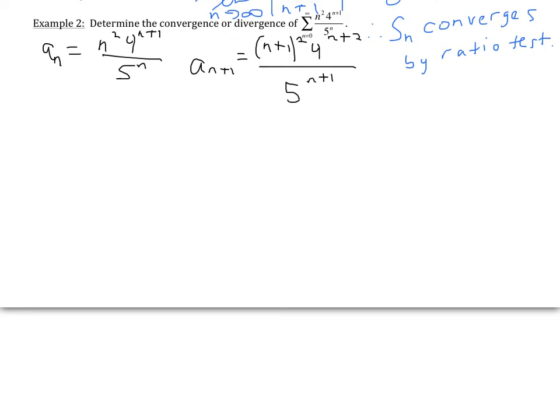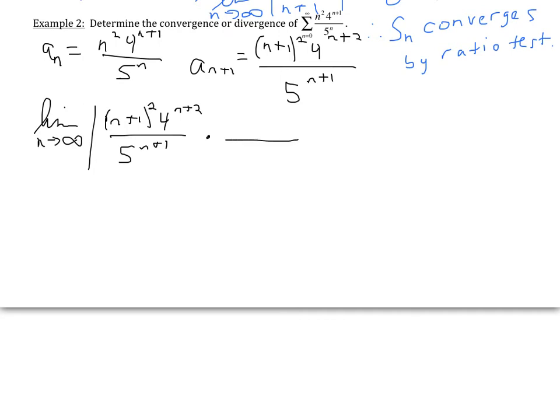All right, so then we're going to take the limit as n goes to infinity, and I'm going to go ahead and write it as the multiplication problem, n plus 1 squared 4 to the n plus 2 over 5 to the n plus 1 times, and be careful if you do this, make sure you take the reciprocal of a sub n. So this will be 5 to the n over n squared 4 to the n plus 1.